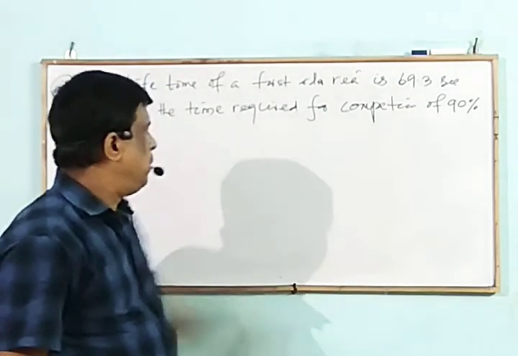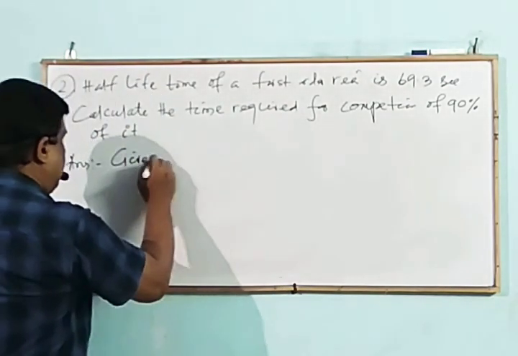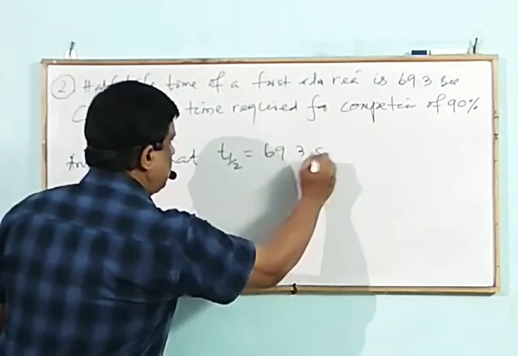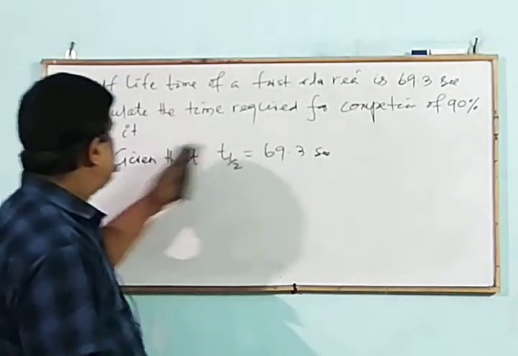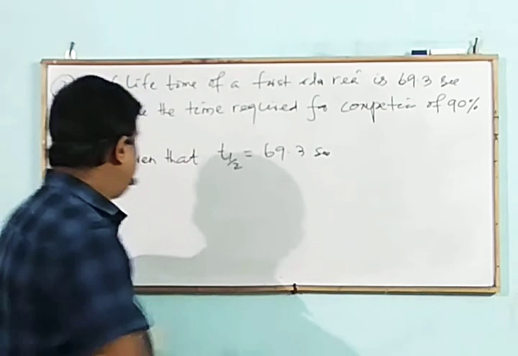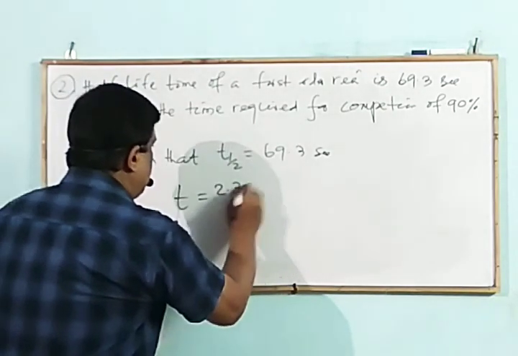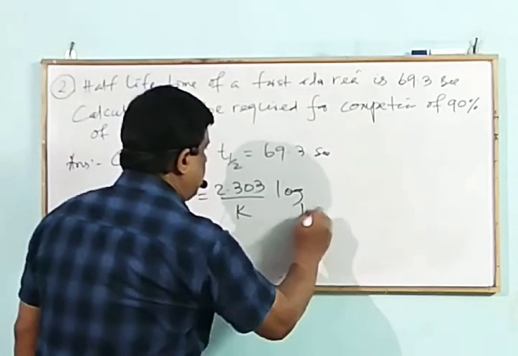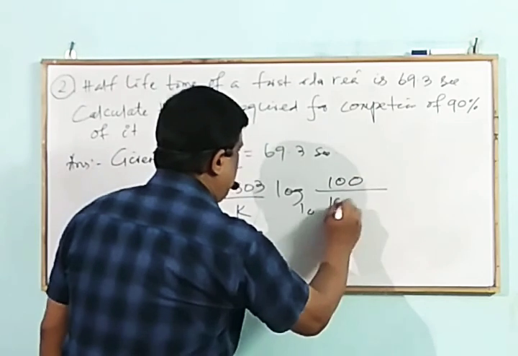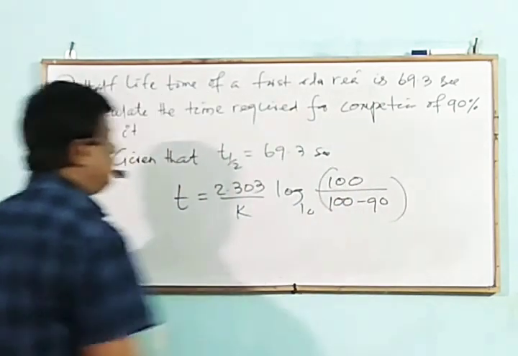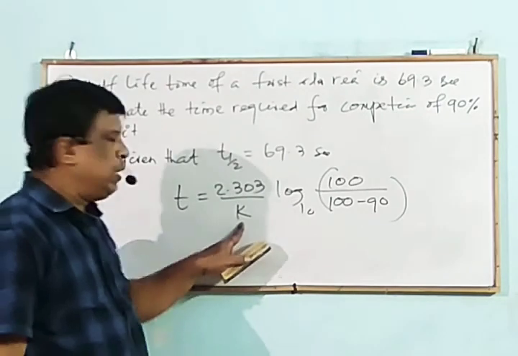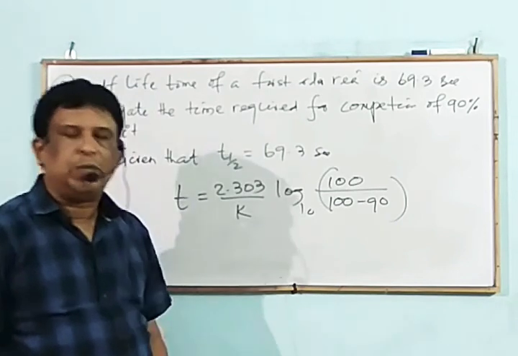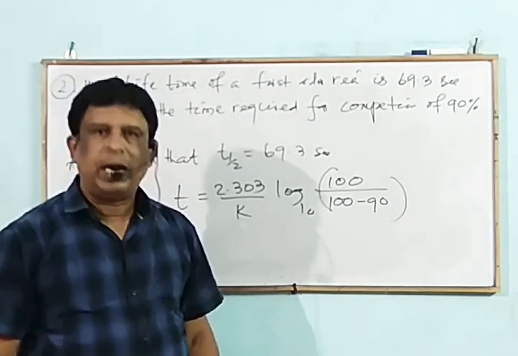Answer. Given that T half is equal to 69.3 seconds. What is the question? Calculate the time. That is T is equal to 2.303 by K into log base 10, always A is 100, 100 minus 90, given. Again, we know the value of K for a first order reaction: K is 0.693 by T half.